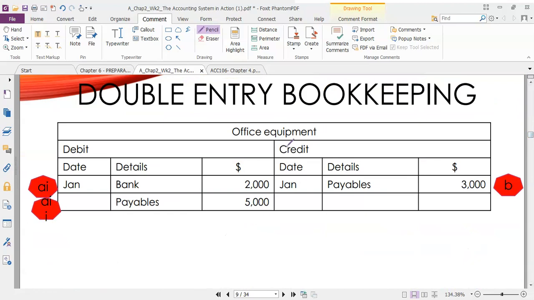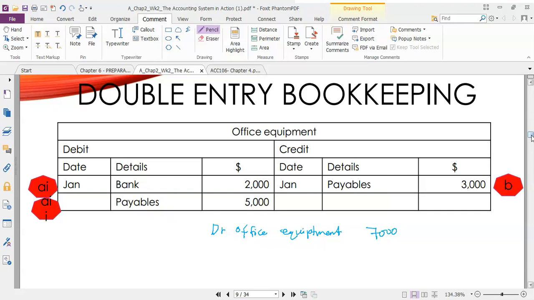So we put office equipment, we must debit first because we buy office equipment. After that, how much is the office equipment? 7,000, right? The cost of office equipment is 7,000. Is it correct or not, my dear?